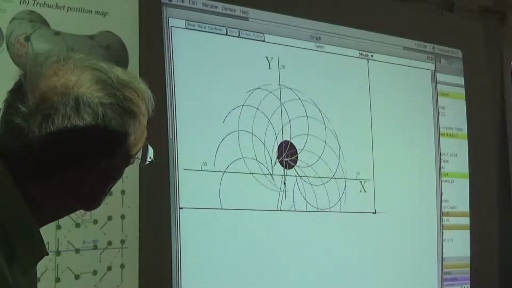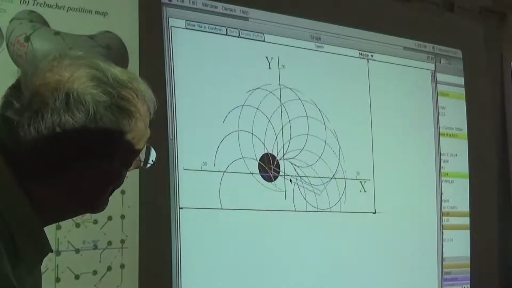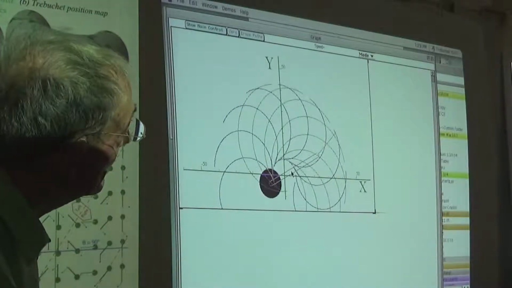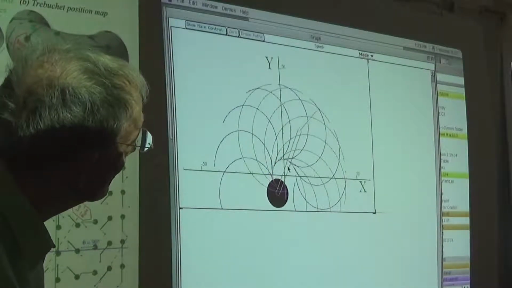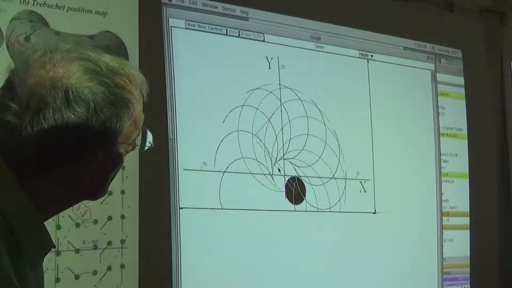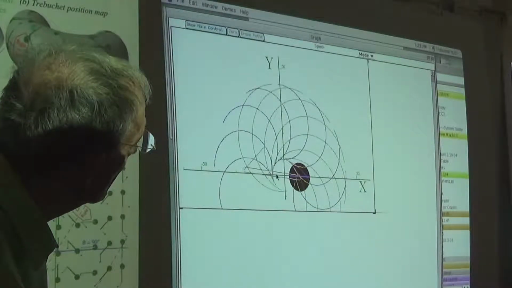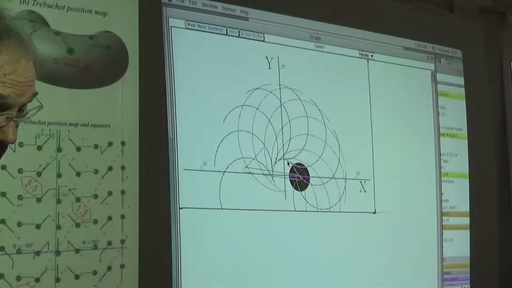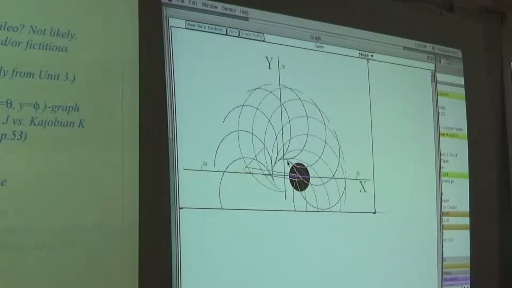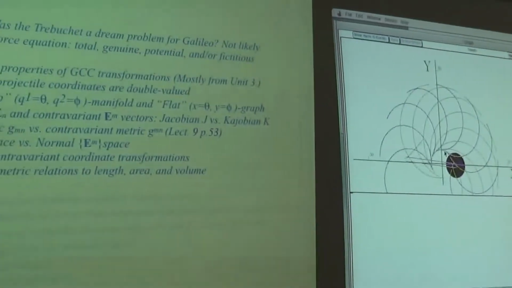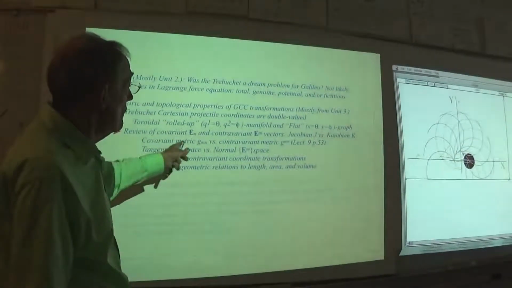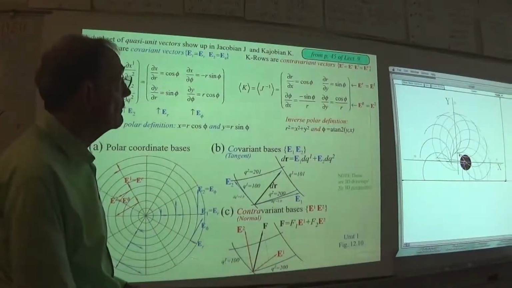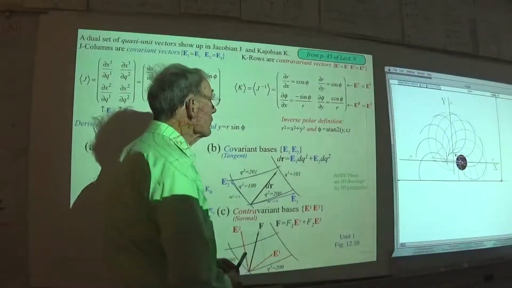It's in the middle of nowhere down here. It's on the other sheet. It's now a right-handed trebuchet. So I wanted you to make sure you see that, and then when I give some problems later on that have to do with this geometry, you won't be as puzzled.